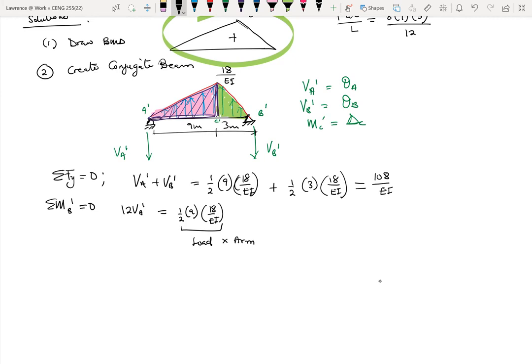So the moment arm will be from the centroid of the triangular load to point B. So that would give us 1/3 of 9, because it's acting somewhere here, right? So 1/3 of 9 all the way to B prime. Okay. So 1/3 of 9 plus 3. So this is one set.